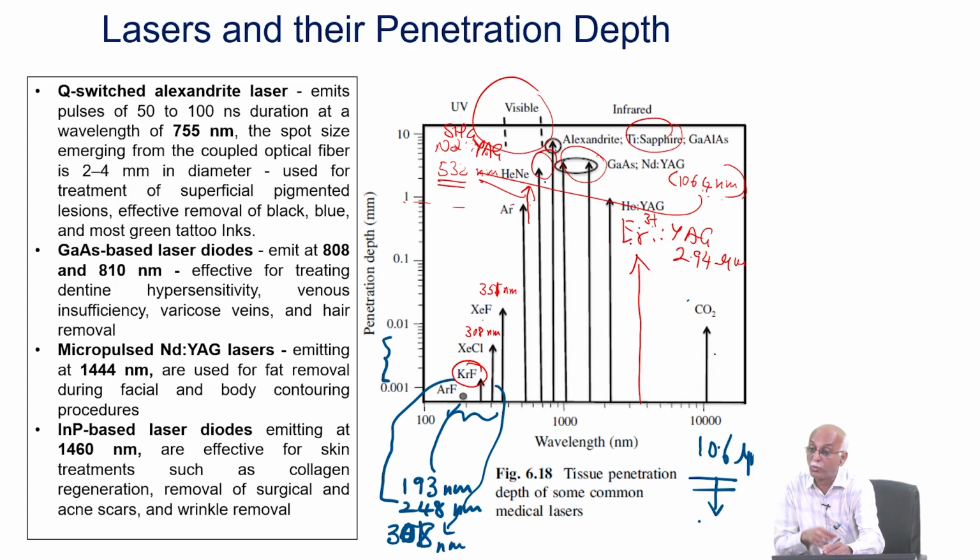Water and tissue absorption is quite large, water absorption is quite significant, and it can be used for ablating some of the tissue materials, even tooth. Ablation is possible using this laser. Then the CO2 laser, 10.6 micrometer, which was very much used previously.